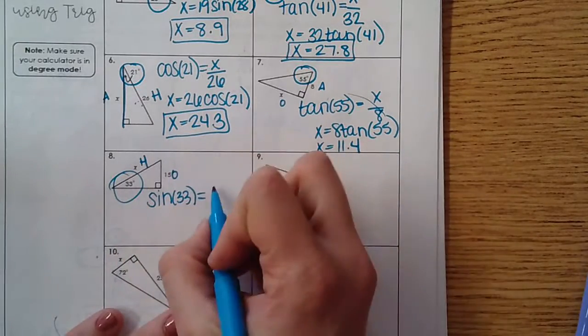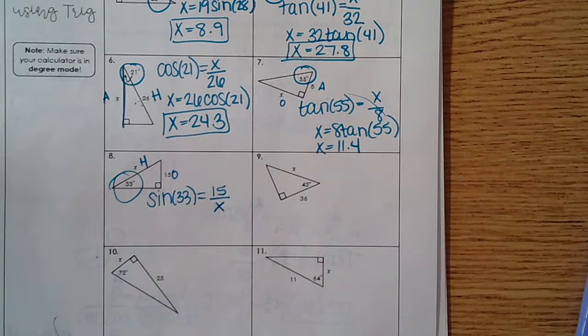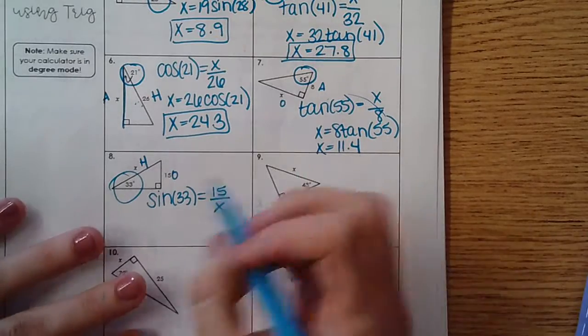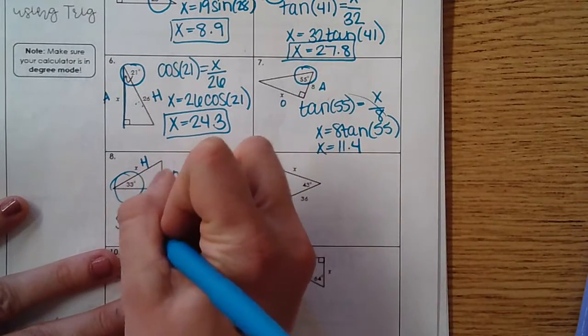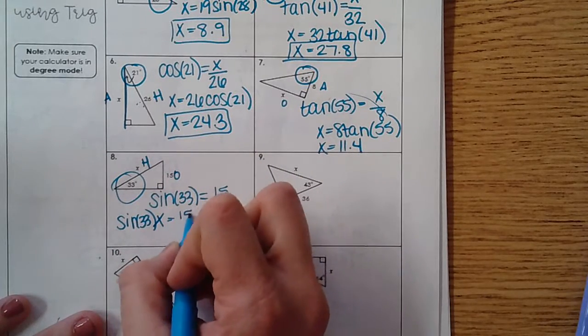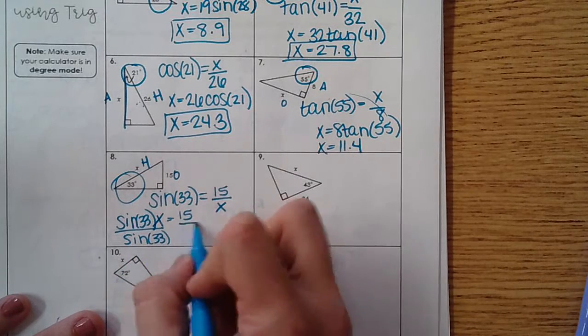Well, we do our opposite, which is 15, over hypotenuse, which is x. It is always more difficult or more steps when you have an x on the bottom because I can't just cross multiply and make it go away. So when I cross multiply, I get sine of 33 times x equals 15. Now I'm going to divide by the sine of 33.